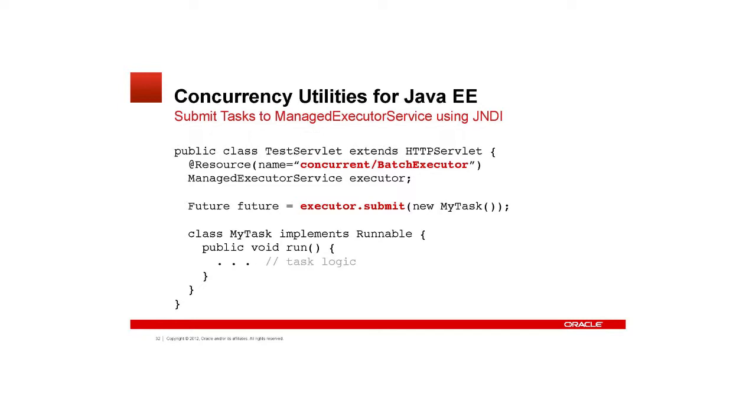That's the code I want to be executed in a concurrent way. And here I just submit my task to my executor service. I get back a Future object that I can use to check if my task has been completed, if it's still running, if an exception was raised, those kinds of things.